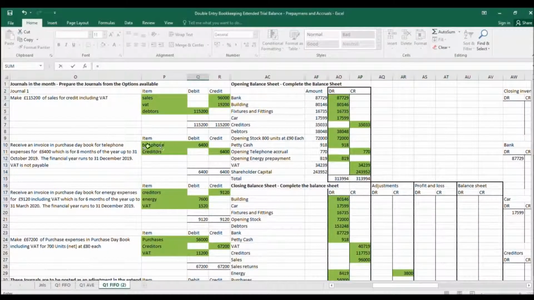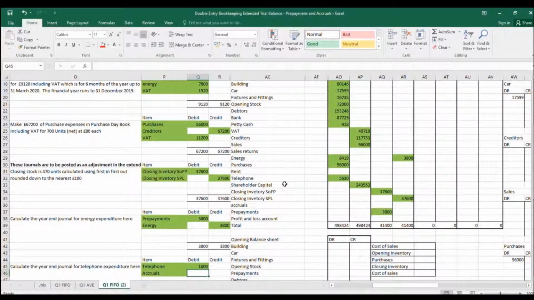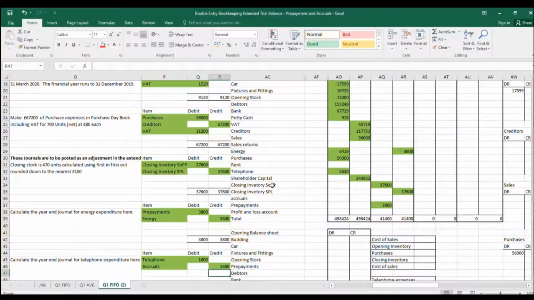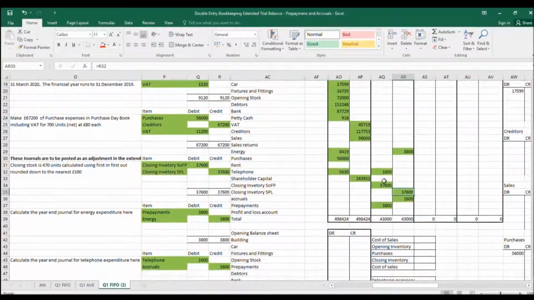And we've got the expenditures here. I'm going to times that by 2, divide it by 8, so times it by the 2 months, divide it by the 8, and that's going to be a liability for the future. So it's a credit. So it's debit our telephone and credit our accruals. Okay, so those are our year-end adjustments here.